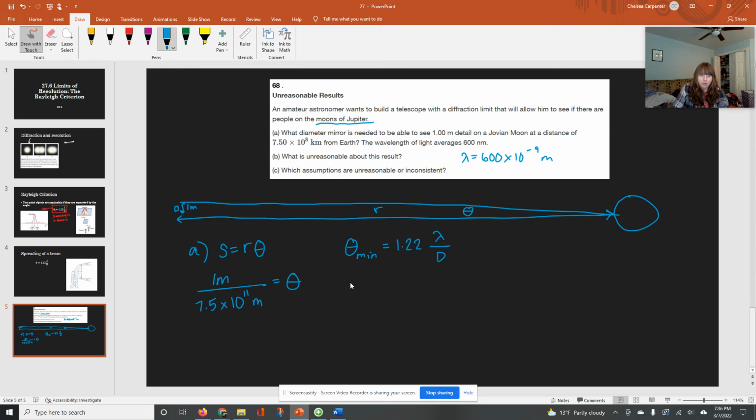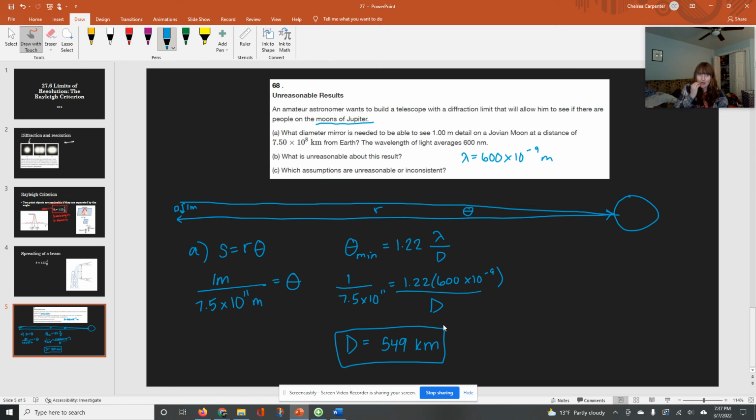So I already know that my theta min is 1 over 7.5 times 10 to the 11th. That equals 1.22 times 600 times 10 to the negative 9th over d. Rearrange that and solve for d and plug in those values, and we get that d is 549 kilometers.